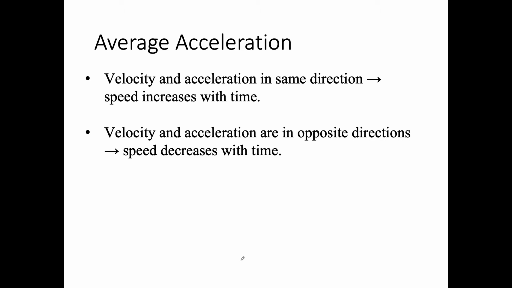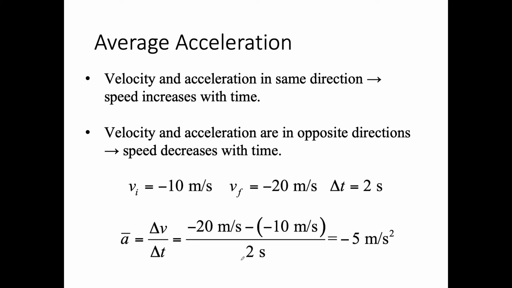So if the velocity and the acceleration are in the same direction, then the speed increases with time. If the velocity and acceleration are in opposite directions, then the speed will become smaller. Now, if the initial velocity is negative 10 meters per second and the final velocity is negative 20 meters per second, what would be the acceleration? The acceleration is negative 5 meters per second squared by definition.